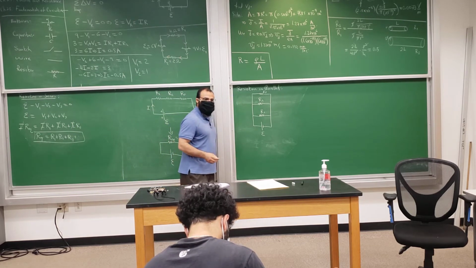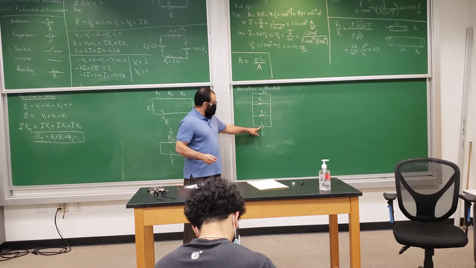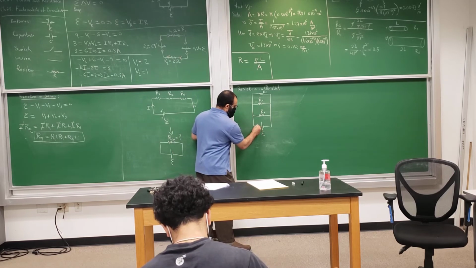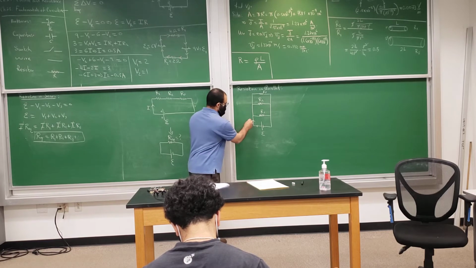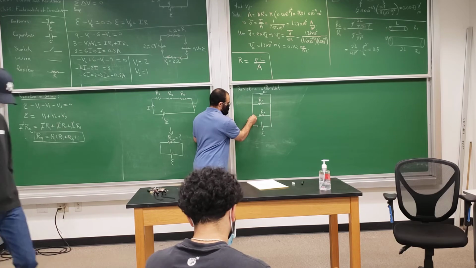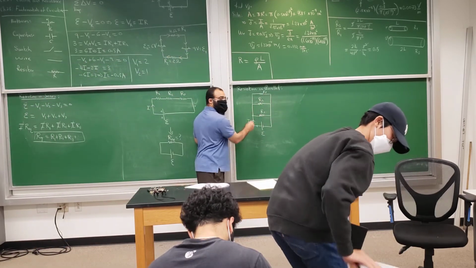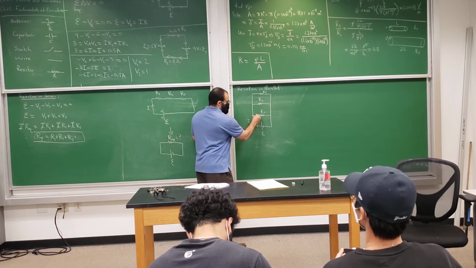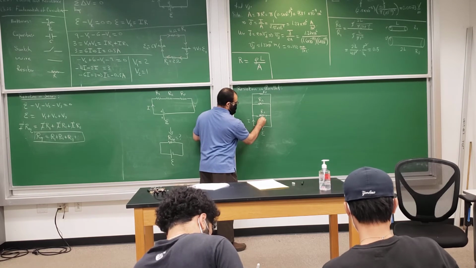So you will have current flowing. This is only one battery, so the current in the battery will flow this way. This is I. Now the thing is this, the current gets here. It has two paths. Some of it will flow this way and some of it will flow this way. The current that flows this way, we're going to call it I1.